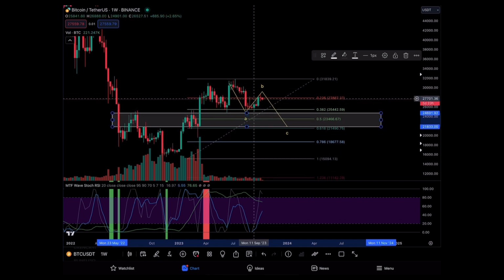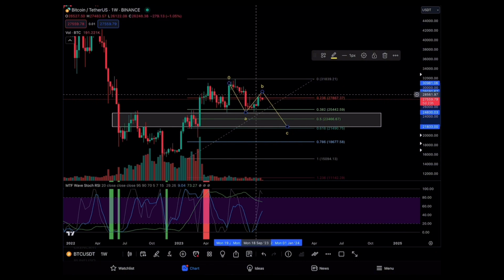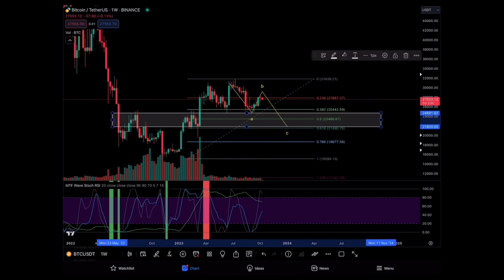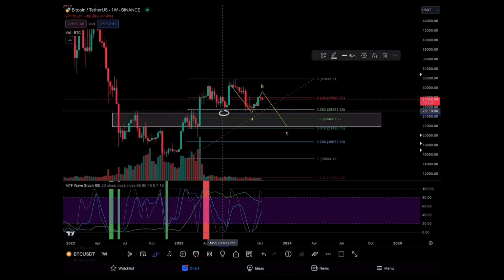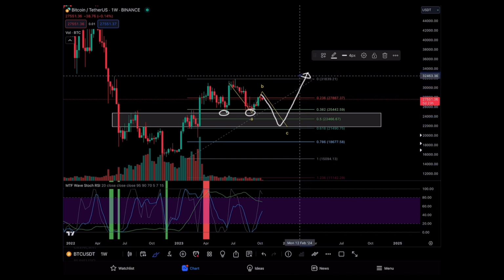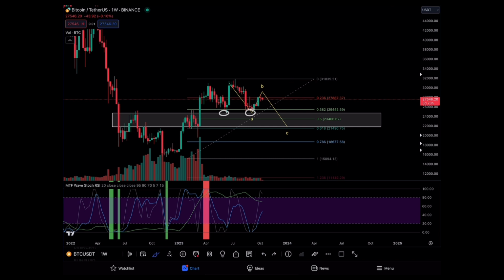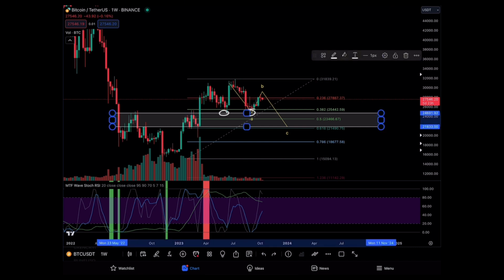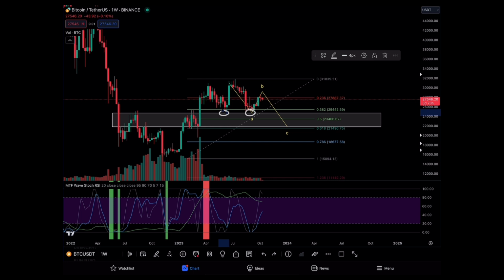So we had this tested here once. Here, let me just mark this for you. We had this test here and then here. So I think maybe this is going to go down and then continue upwards. That's one possibility. So for now, the outlook of BTC is bearish for me, short term. Long term, I'm still leaning towards bullish, but short term it's bearish.